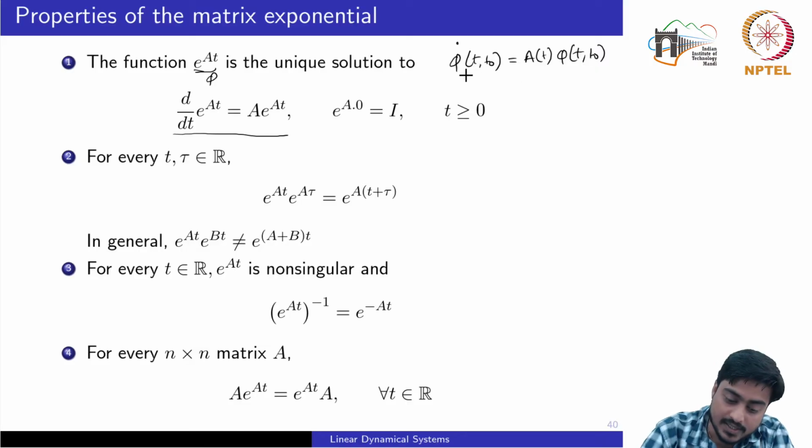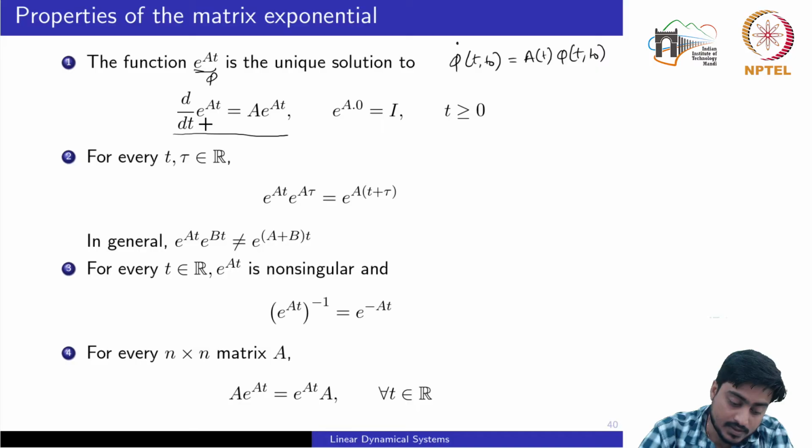Now phi dot of t comma t naught is basically the derivative of this matrix exponential e to the power At. In this case we have A as a constant matrix, and e to the power At is again the state transition matrix. So the first property remains similar to the LTV case, where we just replaced the time varying state transition matrix by the matrix exponential.